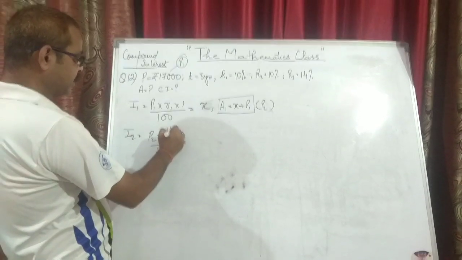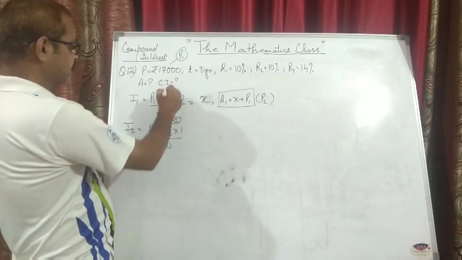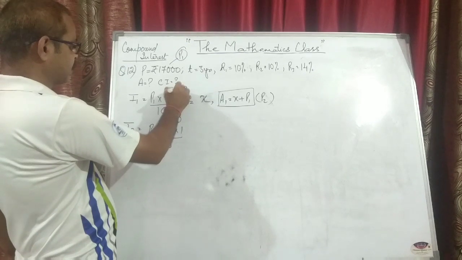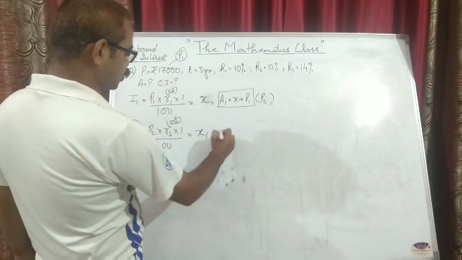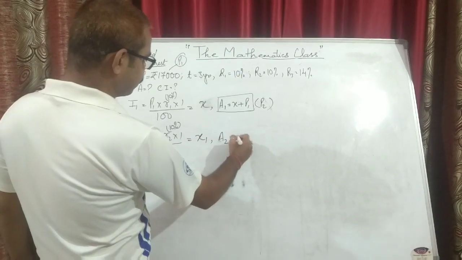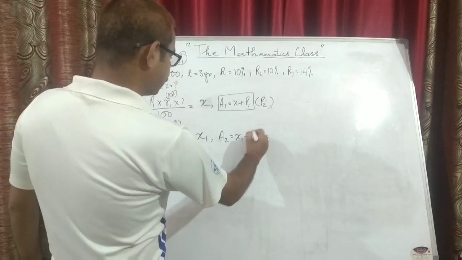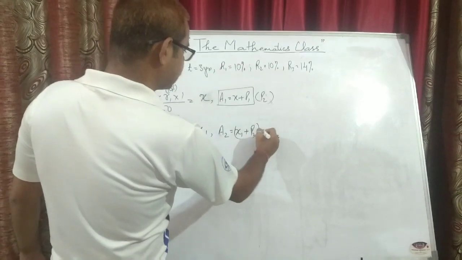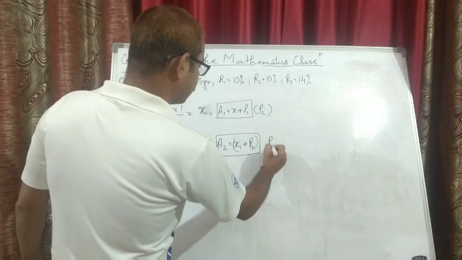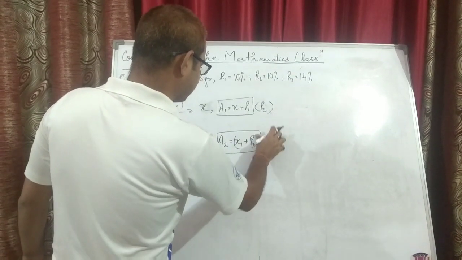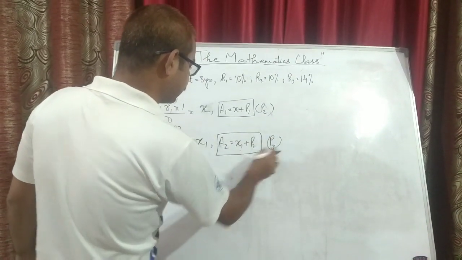In this R2, here you will take 10%, this R1 also 10%. Now let us take this becomes X1. So amount after second year will be X1 plus P2. Let's say this is your P3.